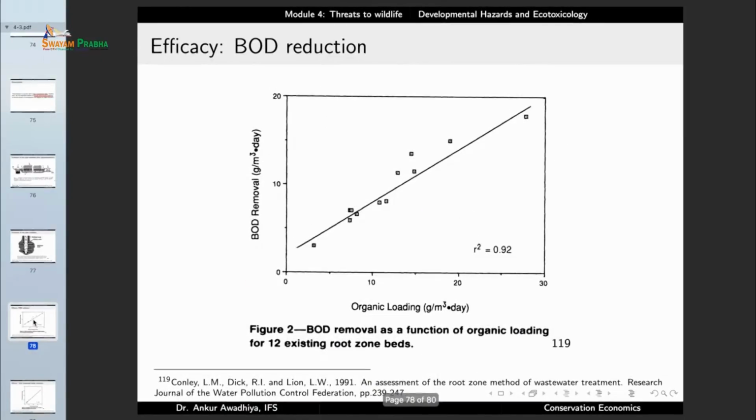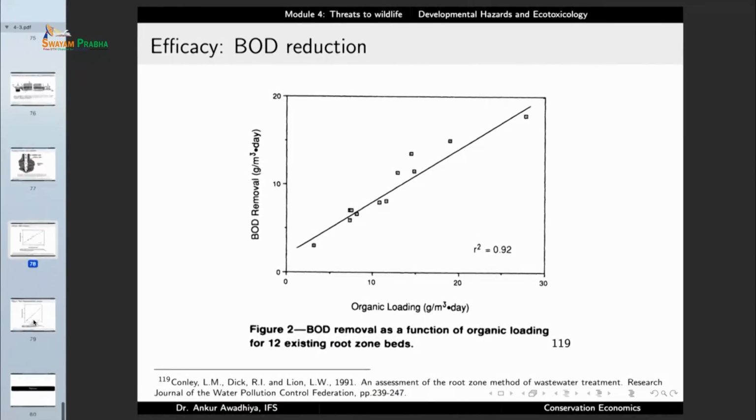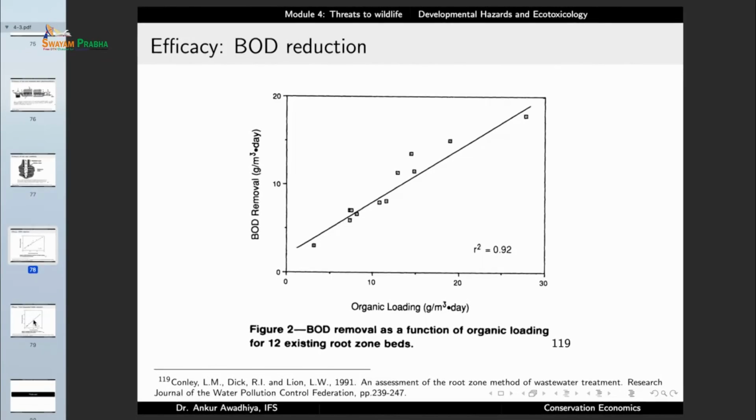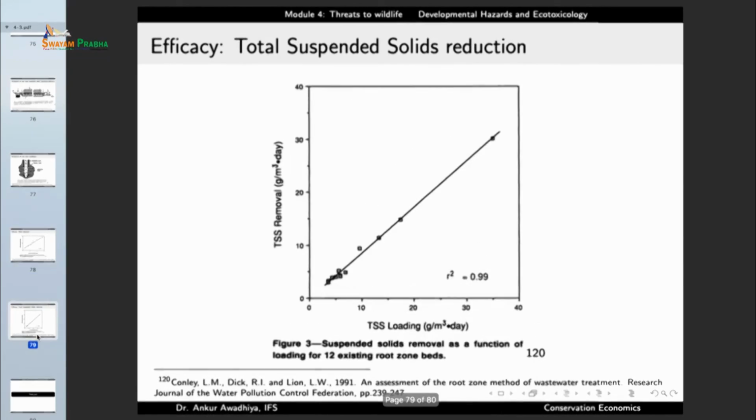And these methods are pretty efficient. So if you look at the biological oxygen demand reduction, you load these plants with the wastewater and they're able to remove the BOD. Or if you look at the total suspended solids, you load the water and the water that comes out is clean.